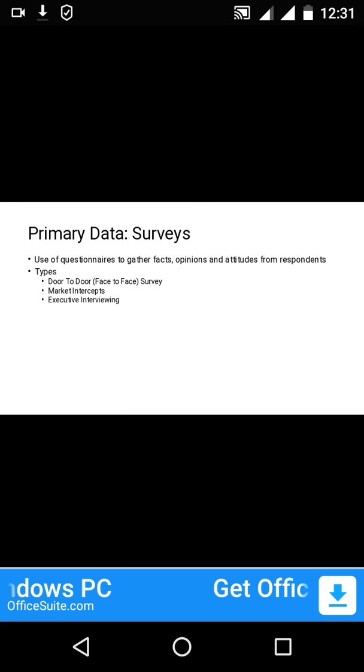So what is the purpose that executive interviewing serves? There has to be some purpose, otherwise why do we have executive interviewing? Executive interviewing is done in those cases where we need to collect some data from people who are executives. Let's take the example of a research question wherein we have to find out what is going to be the impact of artificial intelligence on jobs.